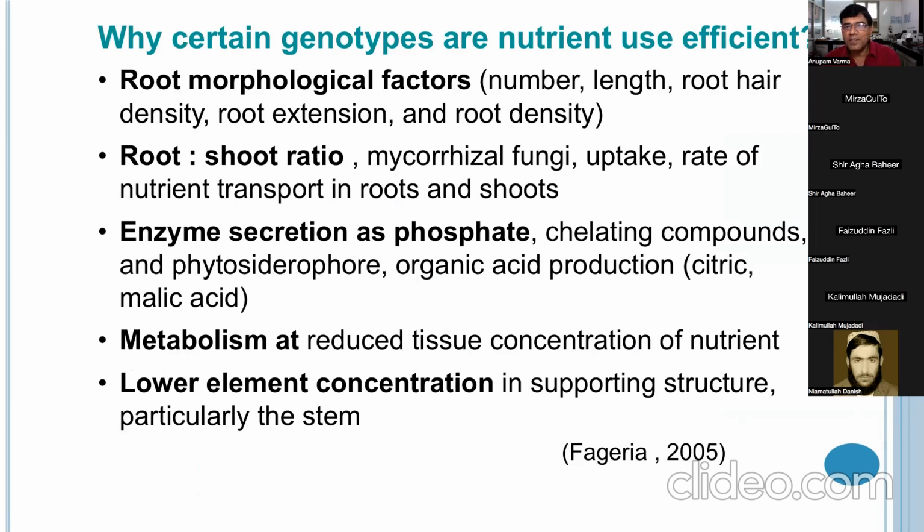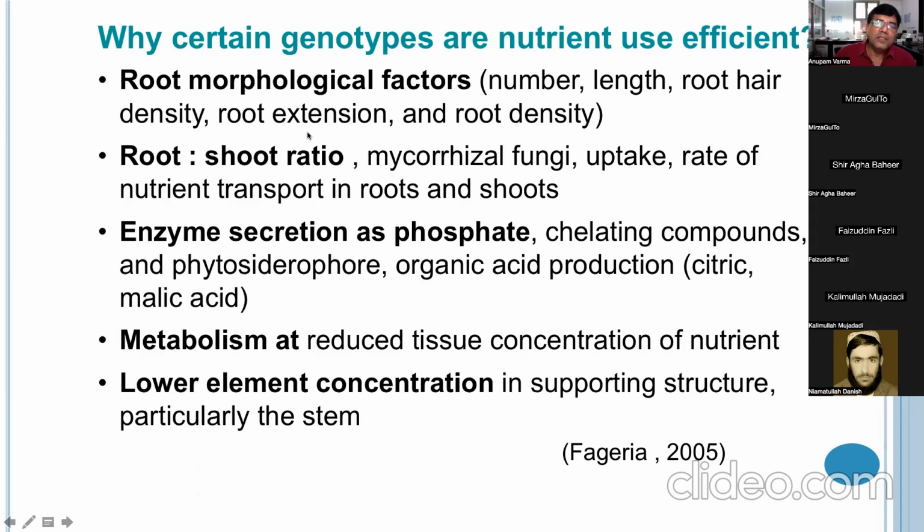These are the differences in root morphological factors like more root number, more root length, and root hair density. The root hairs are more in number, and this happens in different varieties. Then root extension and root density.